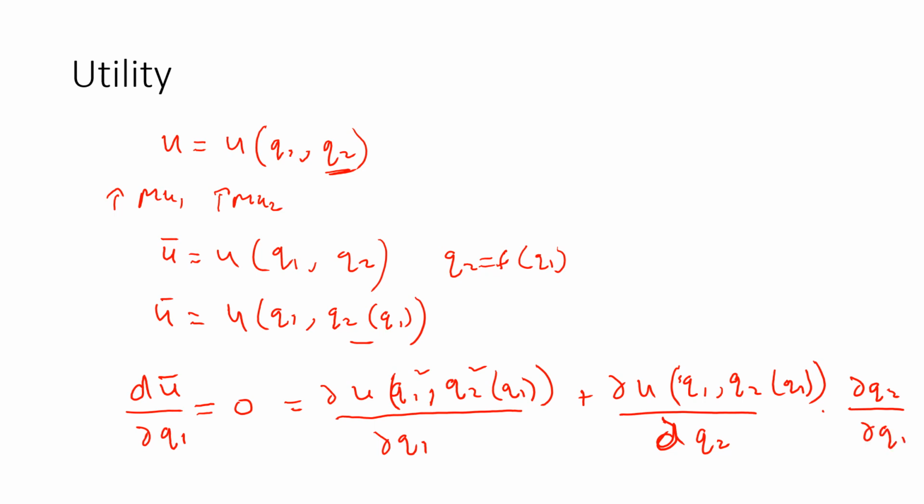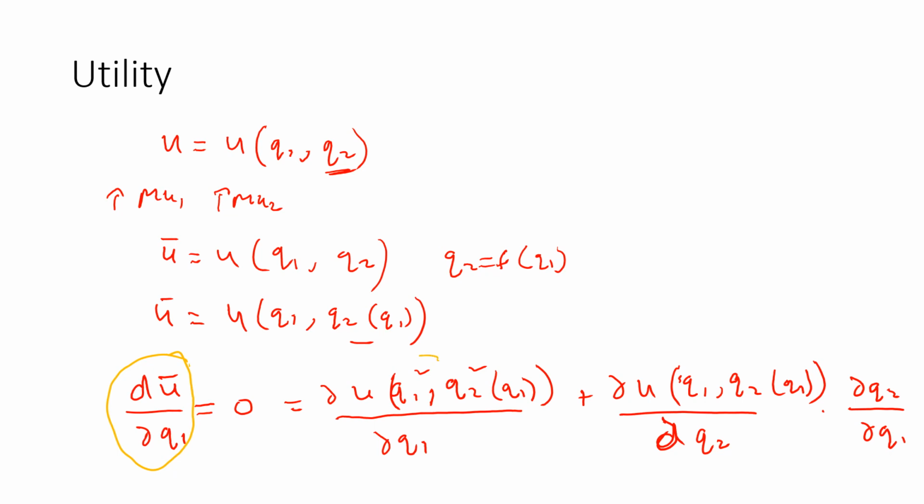So in the first equation we are basically finding the derivative of utility with respect to Q1, which is equivalent to 0 because utility will not change on an indifference curve.